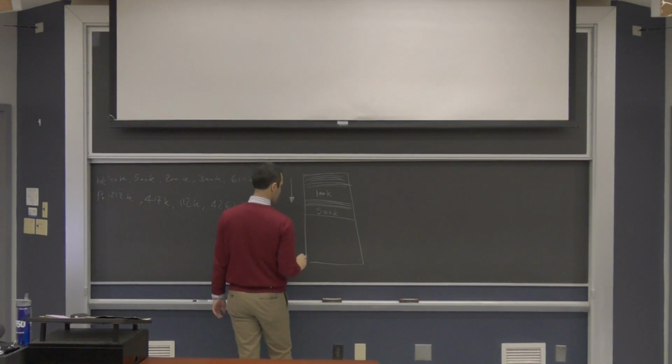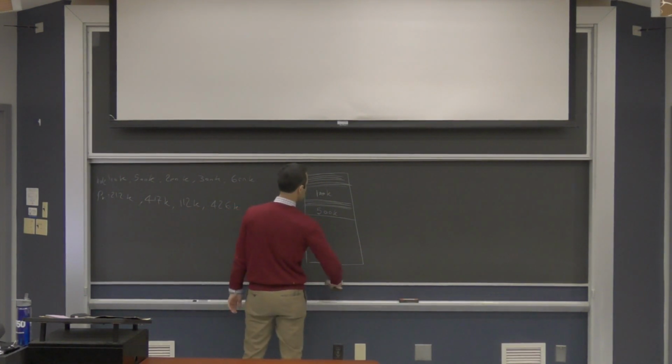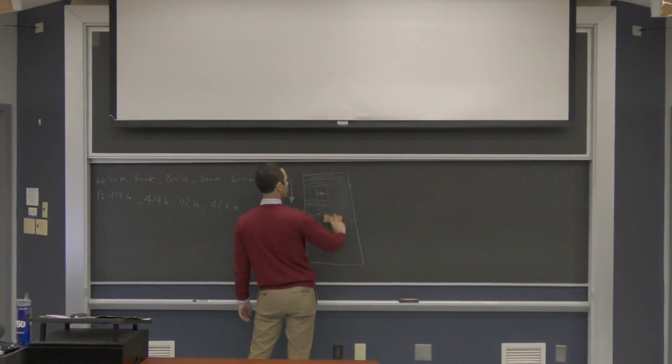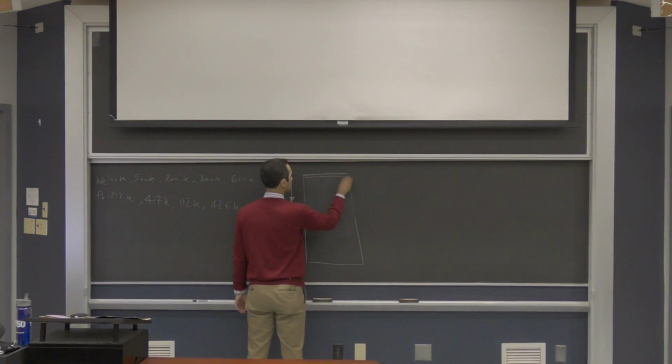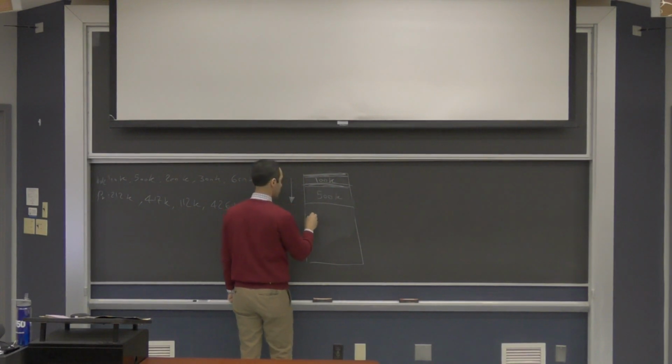And a 200K. Let me write down the available holes and make some space: 100, then a 500, then 200, 300, and 600.